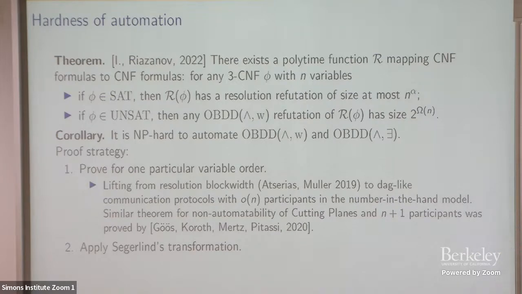By this paper, this is proved by lifting from resolution block width to DAG-like communication protocols with many participants, but not too many as was the case for cutting planes in the number-in-hand model. But I think that I have no time to speak about it.